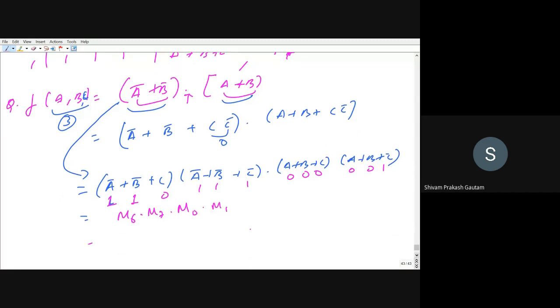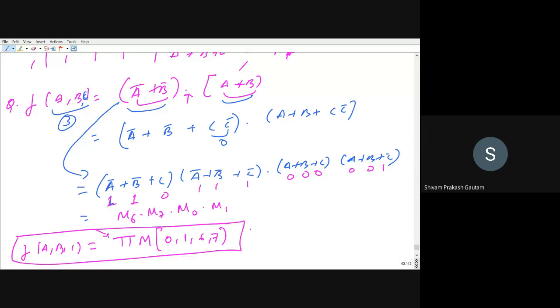So you can write this in product of sum form. This is the sign of product form, that is pi, and max term can be represented by capital M, as I told you. And how many max terms are we having? 0 1 6 7. So this is a form of representation of function of ABC, right? We have represented the function in max term form because it was given in product of sum form.